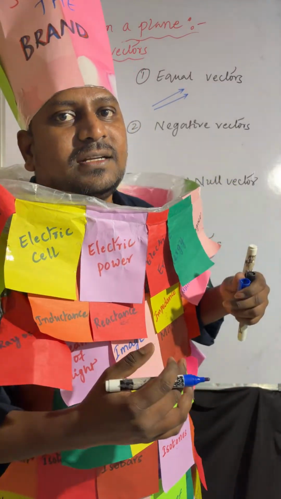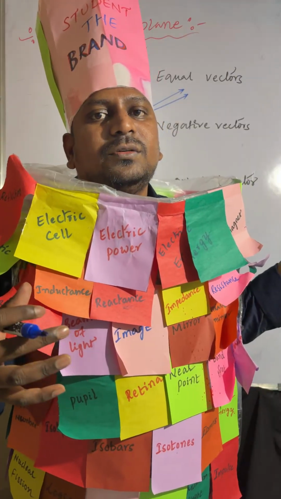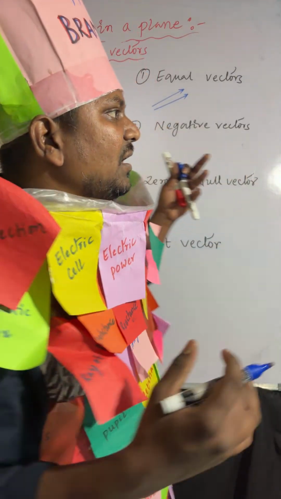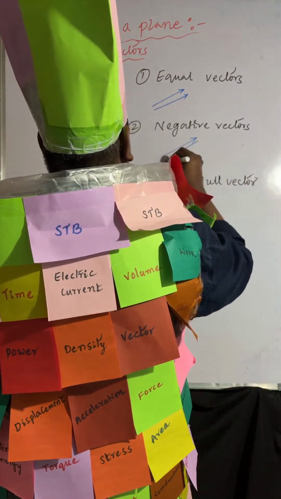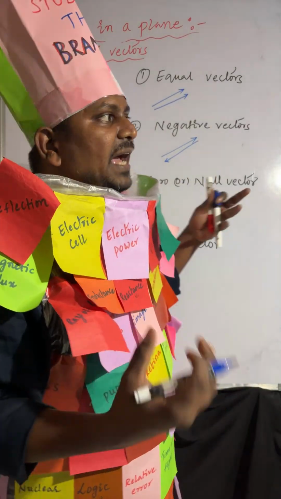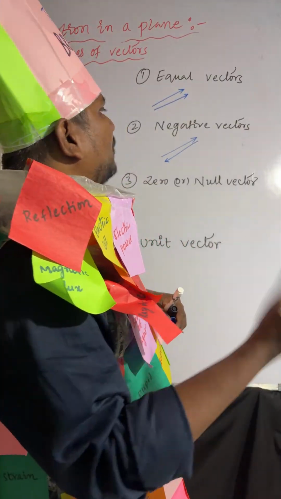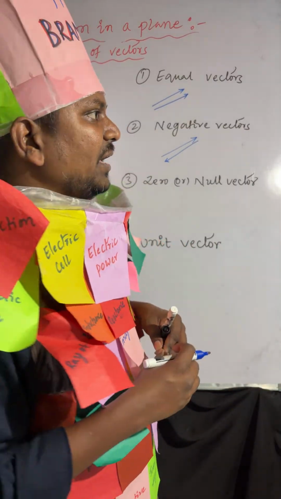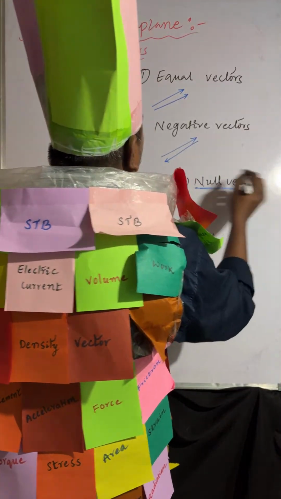Coming to negative vectors: vectors having equal magnitude but acting in opposite directions, like this. They have equal magnitude but act opposite to each other.